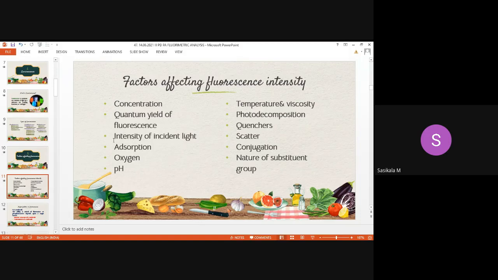The quantum term represents what? Photons. Incident light is the monochromatic light that is coming from the source. Then absorption, oxygen, pH, temperature and viscosity, photodecomposition, quenchers, scatter, conjugation, and nature of substituent group.